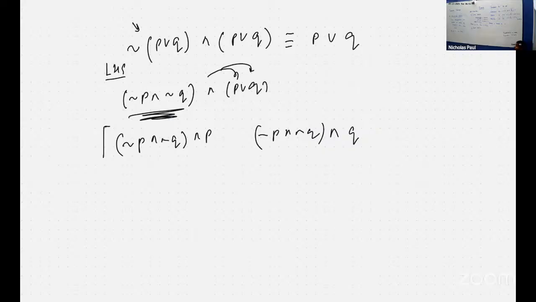You follow that? So I treat this whole thing here as one, multiply that by P and then by Q, and OR in the middle. That makes sense?